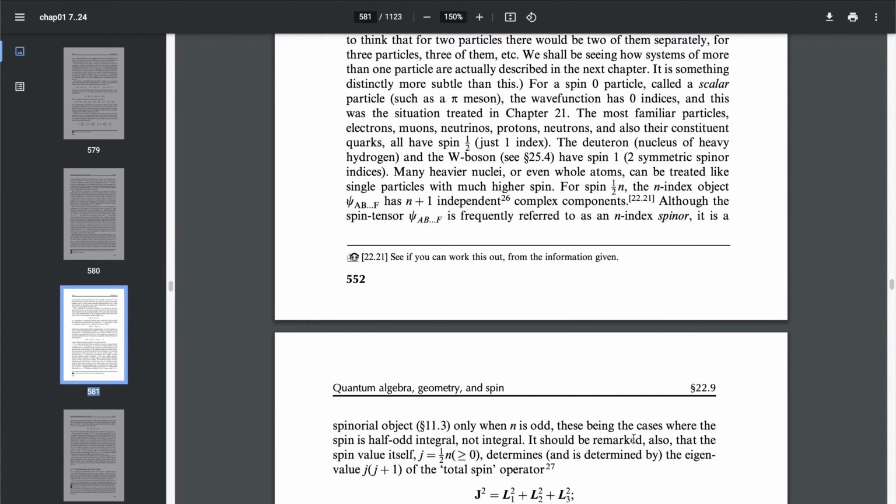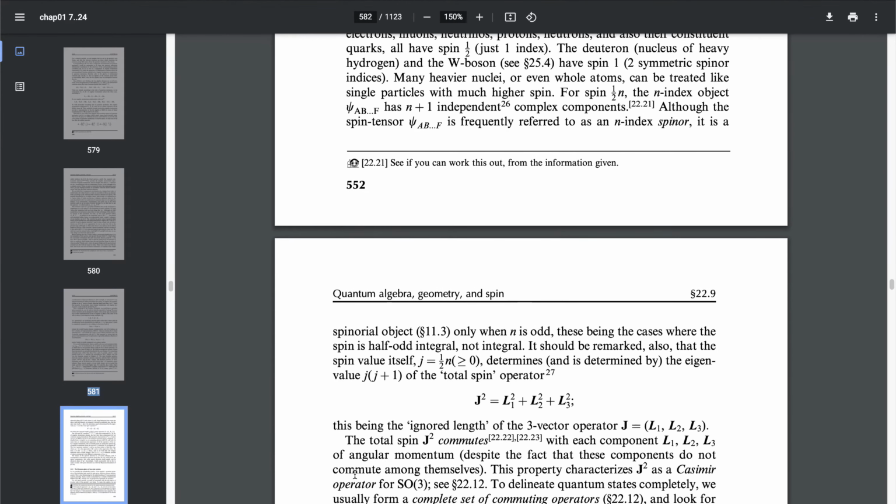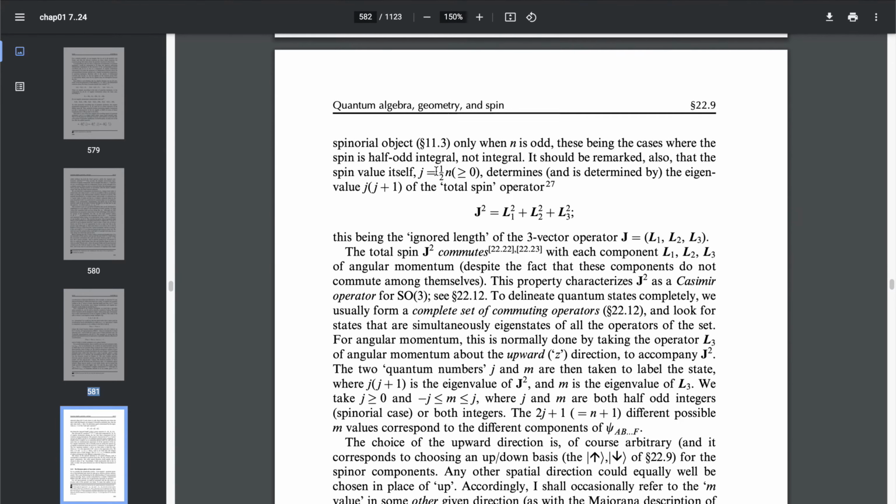And it should be remarked also that the spin value itself, labeled j here, equals n/2, and determines and is determined by the eigenvalue j multiplied by j plus 1 of the total spin operator. The total spin operator, J squared here, is just equal to all of our angular momentum components squared and added together.